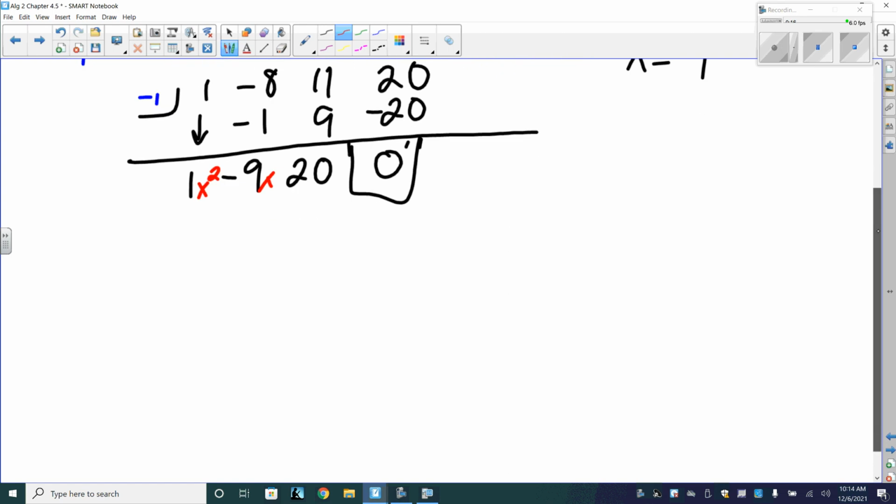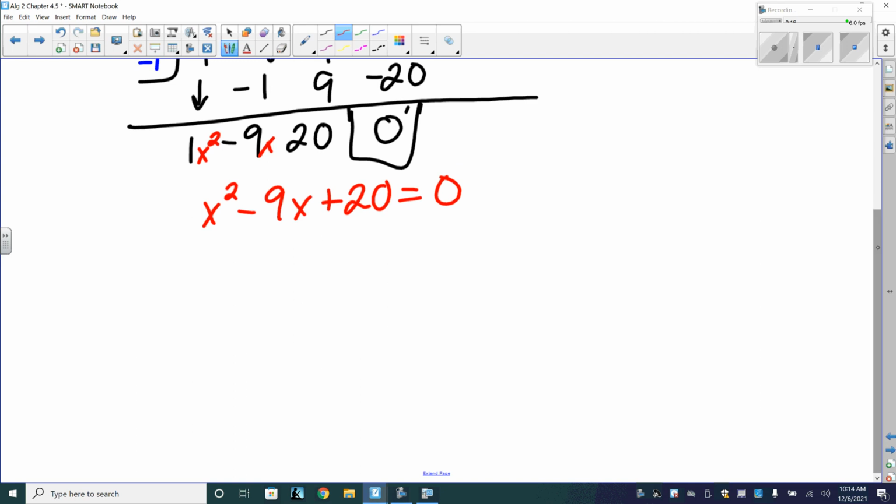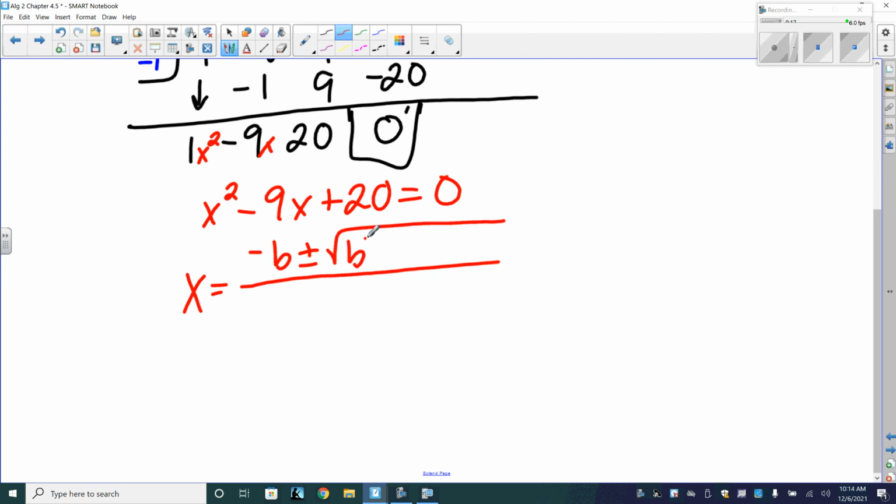And we could also use the quadratic formula. We can just stick it in the quadratic formula to get our answer.